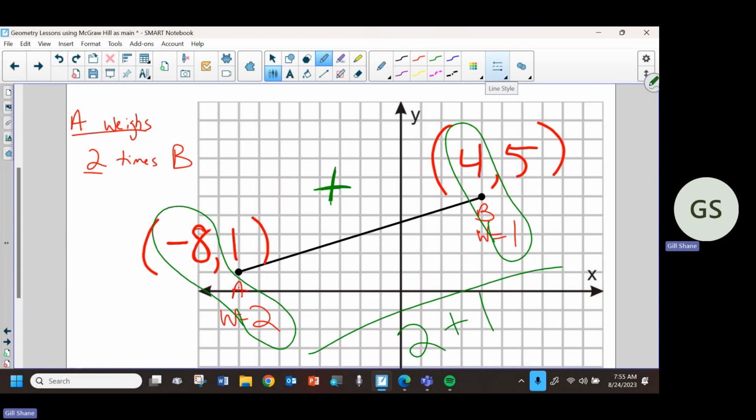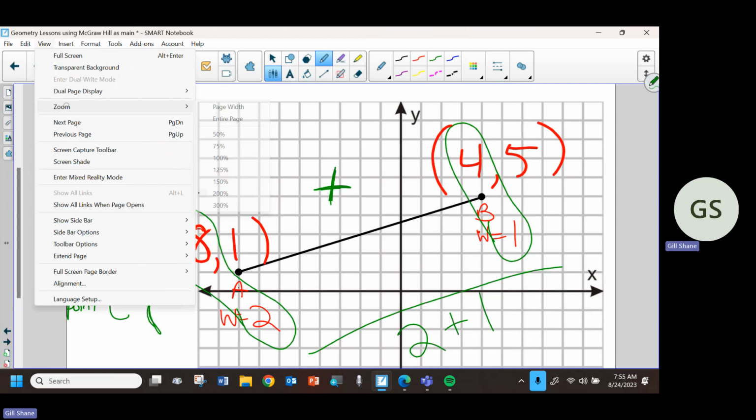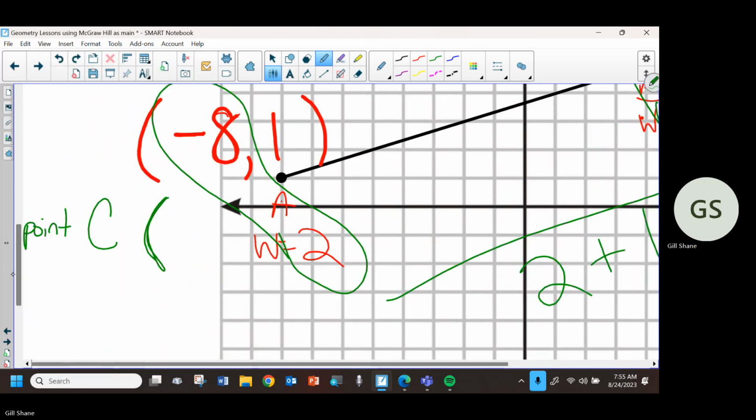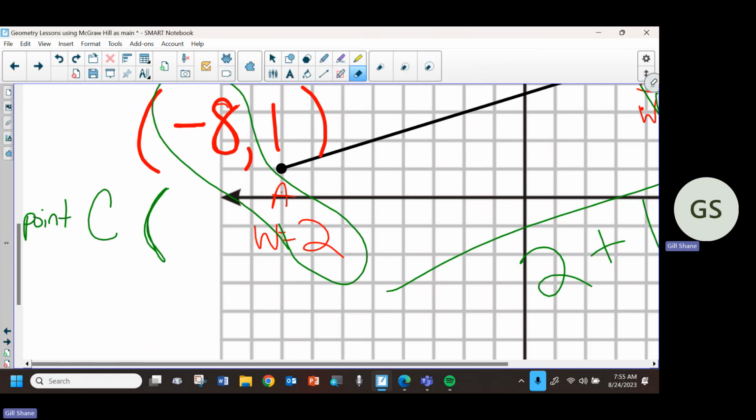And then our point, like we'd be putting a point like point C or something like that. So point C is going to be in the format of a coordinate. Zoom in for that. Point C. If you need the other value, it was 4, 5 for point B. The weight was 1.